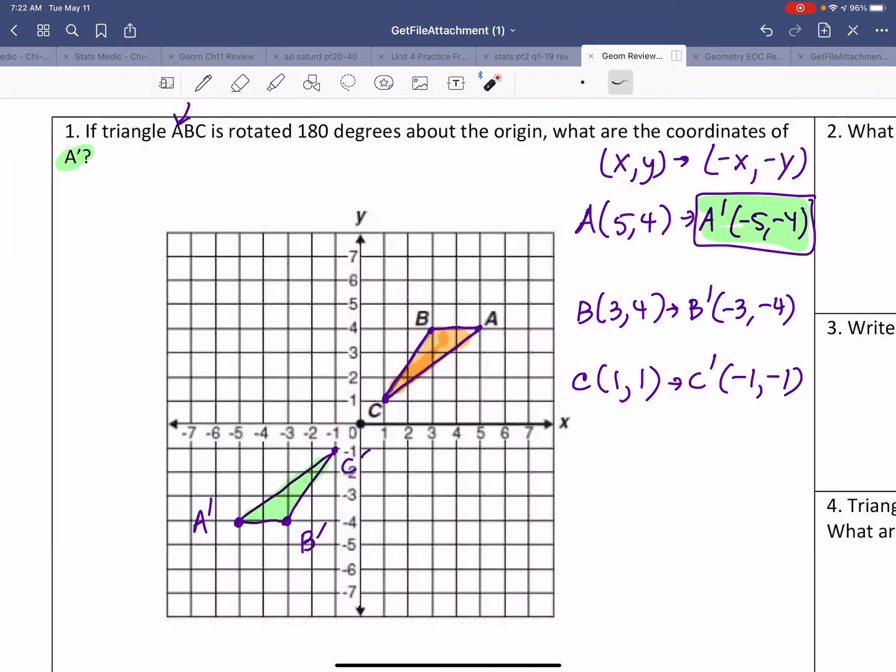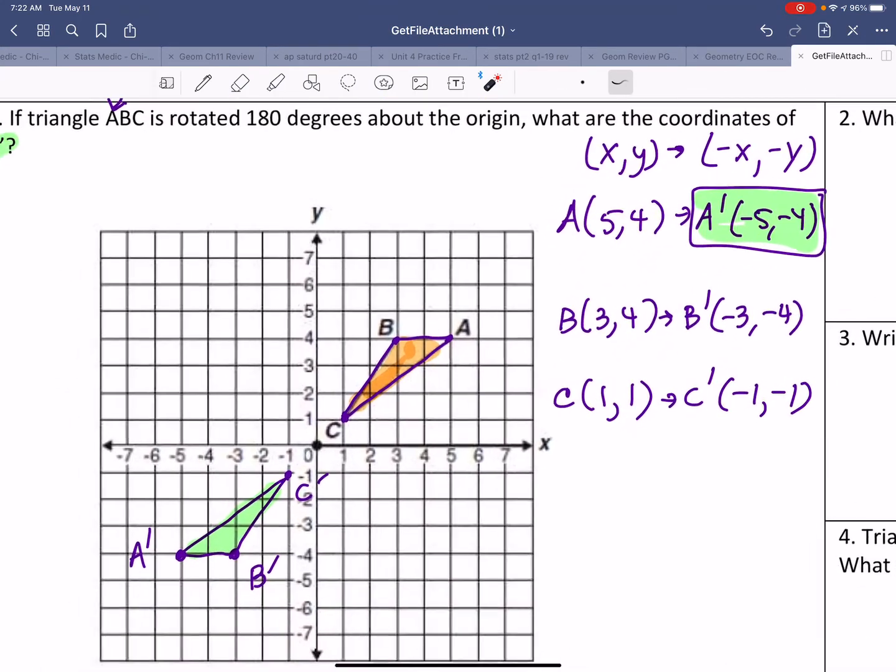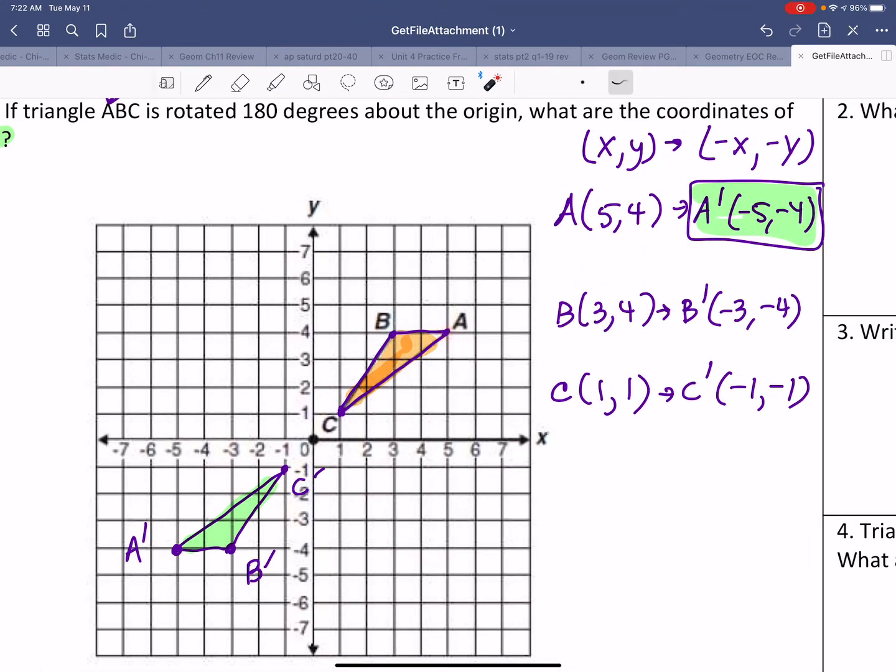Okay, so back to our problem. We notice that if our coordinate for A is 5, 4, which is why I wrote 5, 4, then following this rule, we're going to swap the spots and then swap them again.